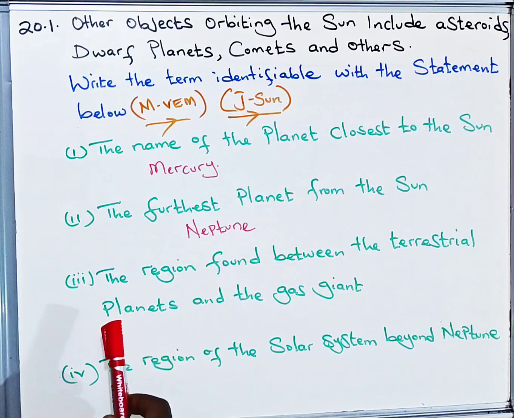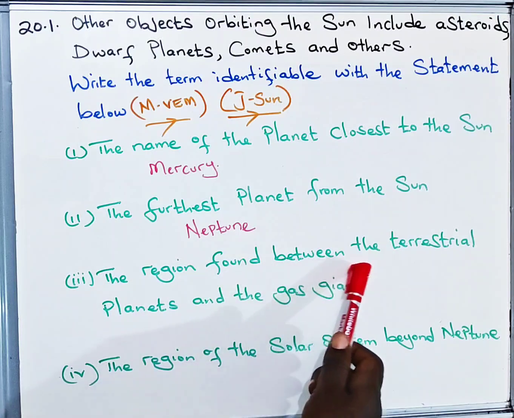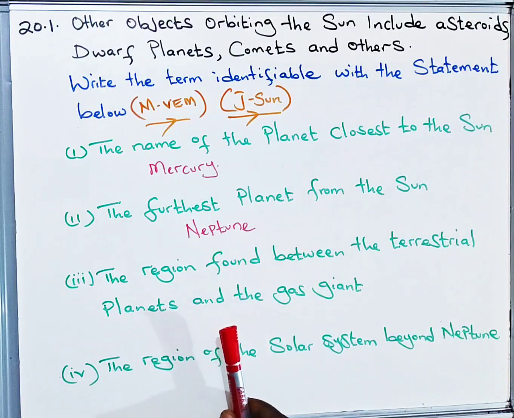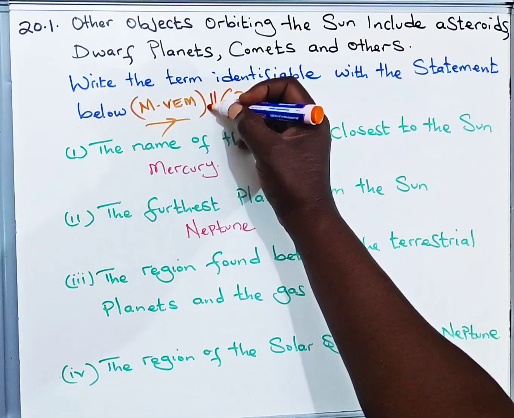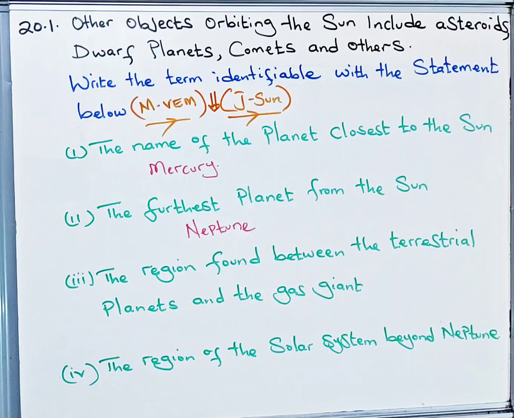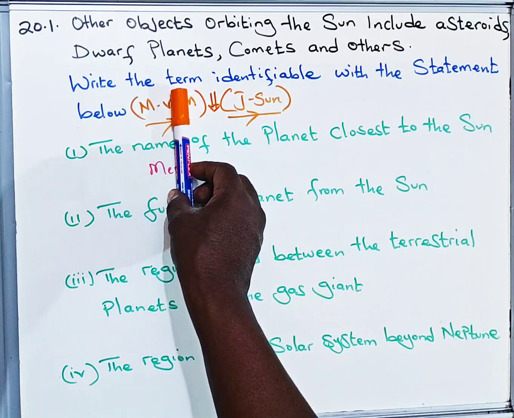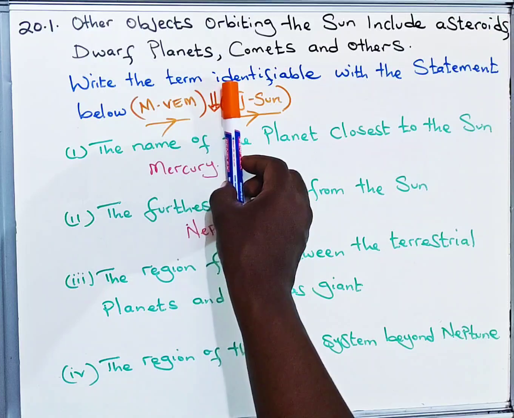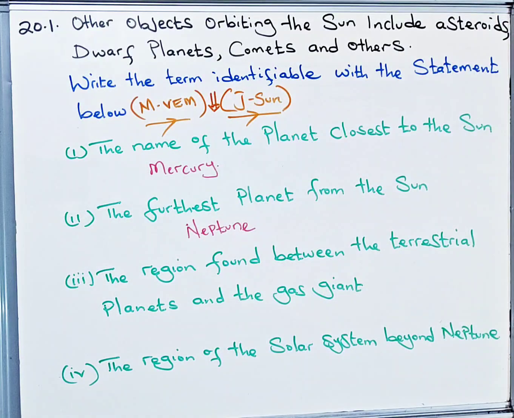Then we come to this case. The region found between the terrestrial planets and the gas giants. We mean this region here. The region between, because these are the terrestrial planets and these are the gas giants, the region between the two, what do we call it?